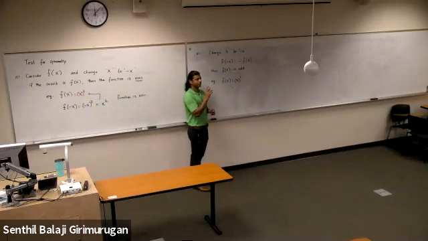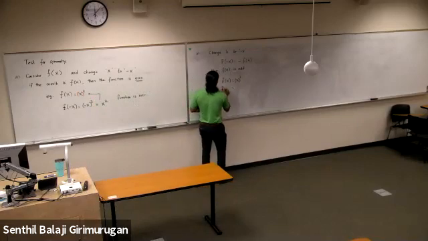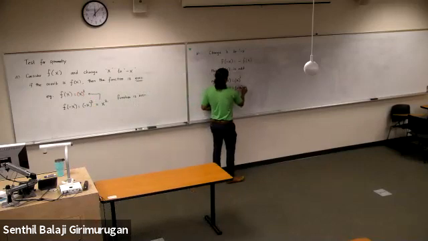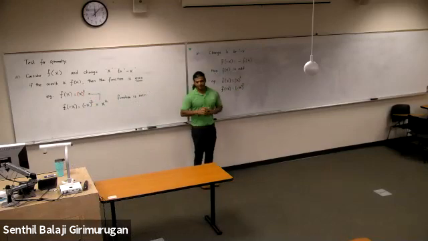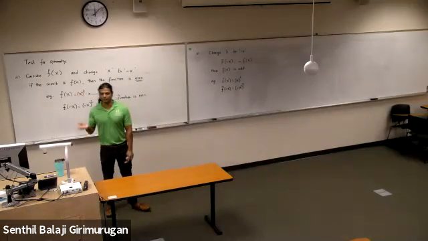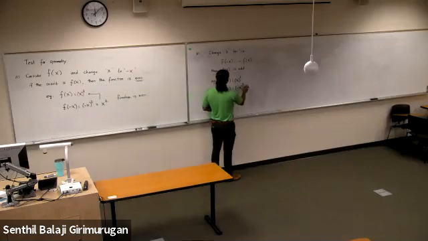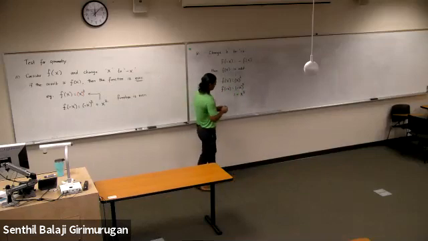We have to change x to negative x. So I'm going to have f of negative x. Negative means negative 1. What is negative 1 cubed? Negative 1. So when you cube this, you will have a negative, and then you have x cubed. But you have to realize, you may jump to conclusion and say, well, this is not the original function.